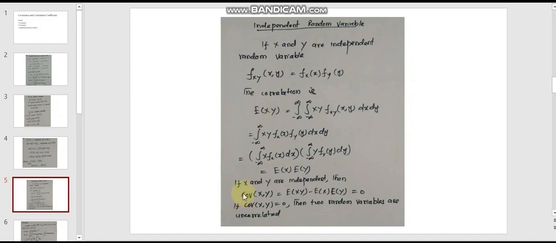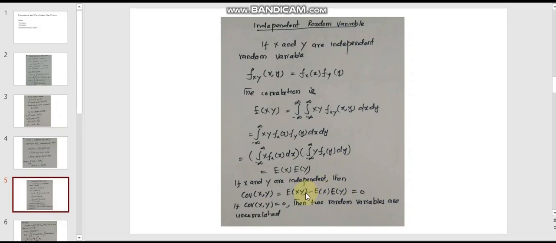So in this case, if x and y are independent, then their covariance must be equal to 0. If the covariance is not equal to 0, then I can say that hence the random variables are correlated.